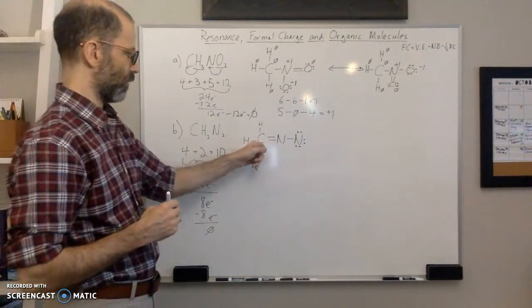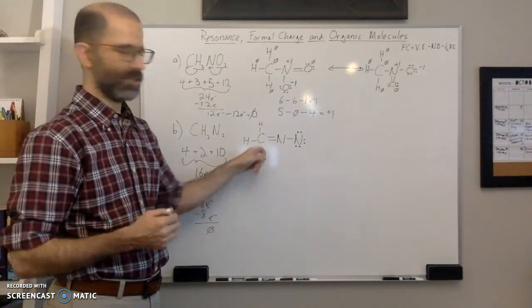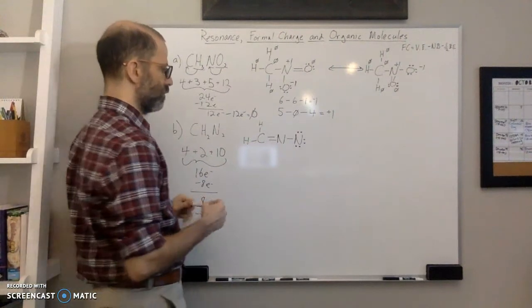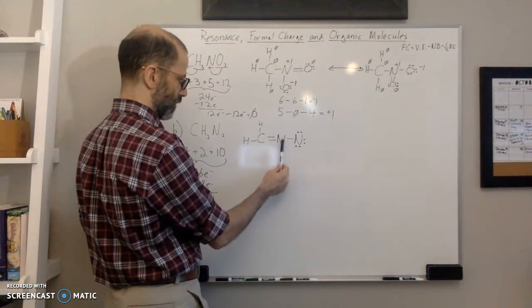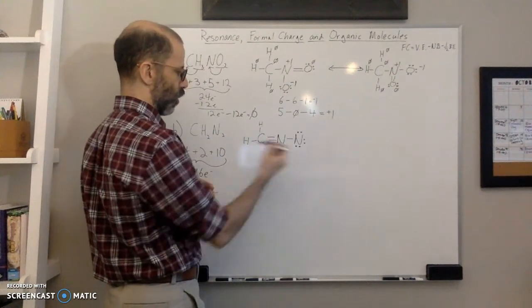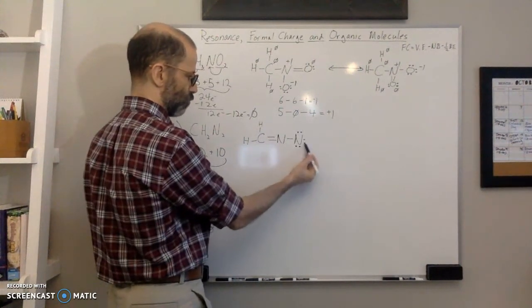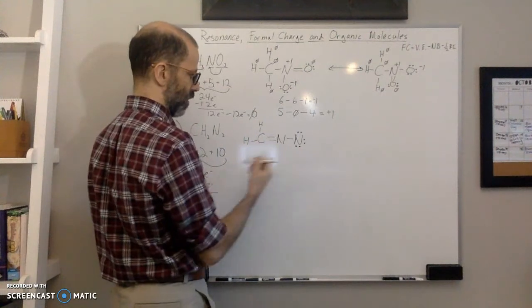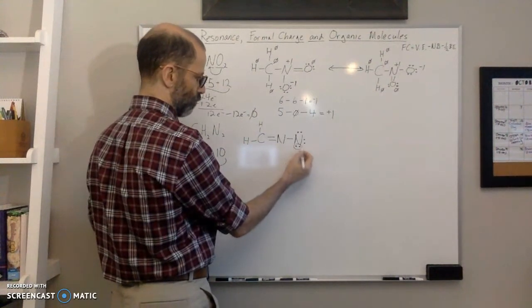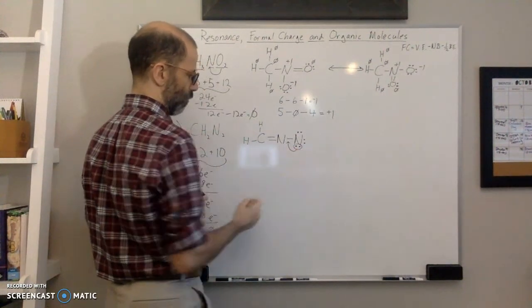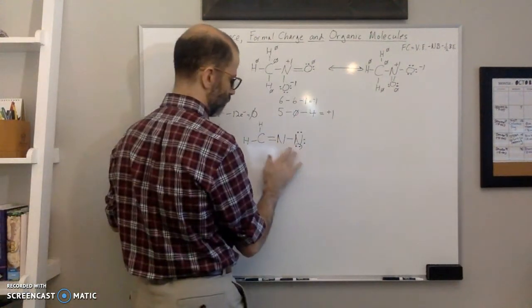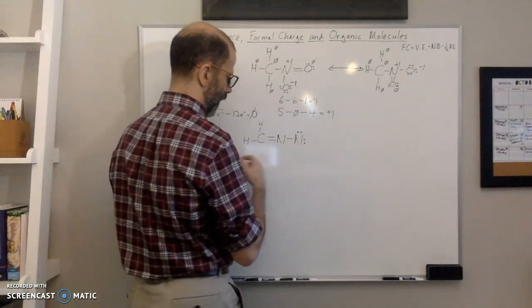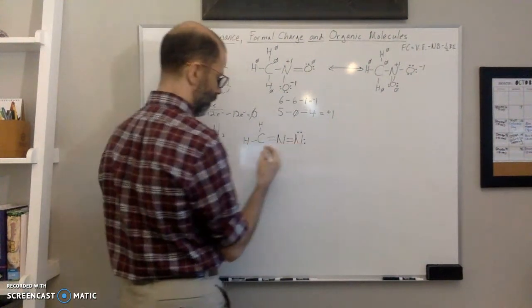So now carbon has 8, and that's good. So everyone has 8 except for this nitrogen here. So for this nitrogen, we'll have to move an electron pair here. This one is fine, so we'll move that one there and make a double bond. So let's erase this, and we'll put a double bond there.